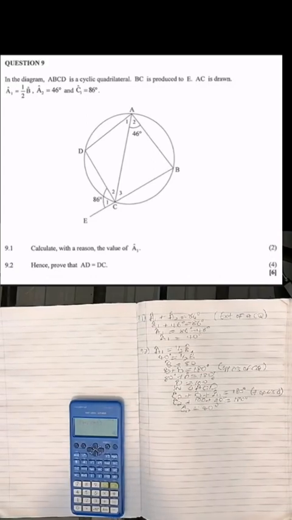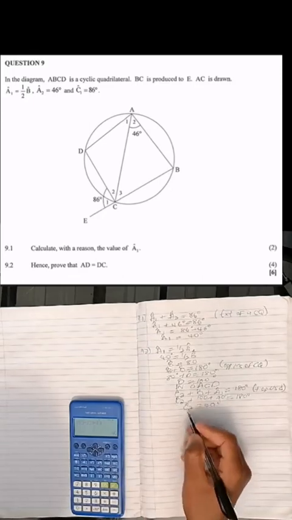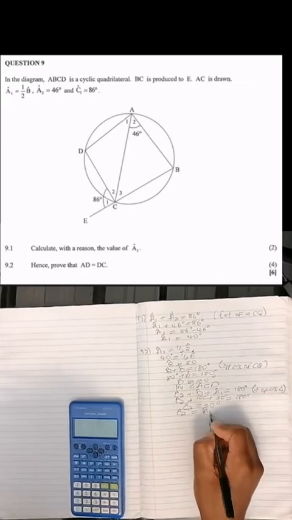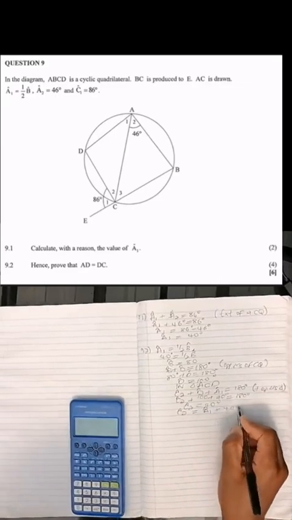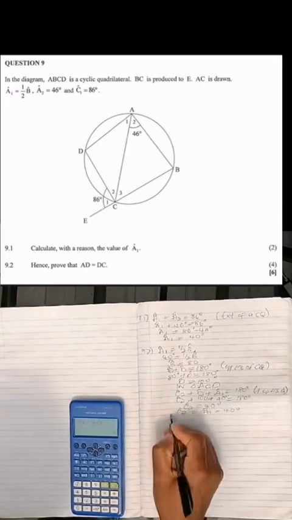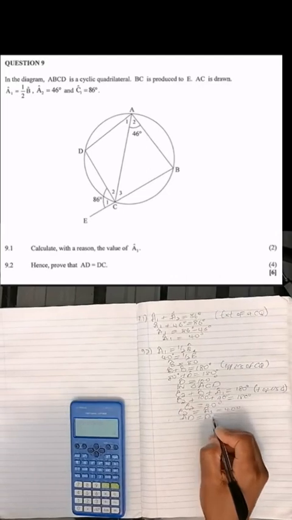We just calculated it. So now we have to answer the question that AD is equal to DC. We need to tell the marker that angle C2 is equal to angle A1 is equal to 40 degrees according to our calculations, and conclude that AD is equal to DC.